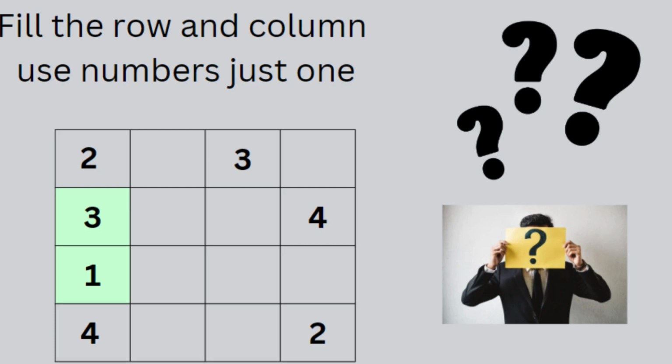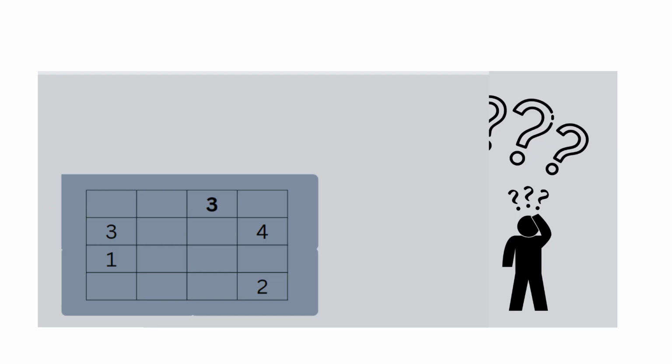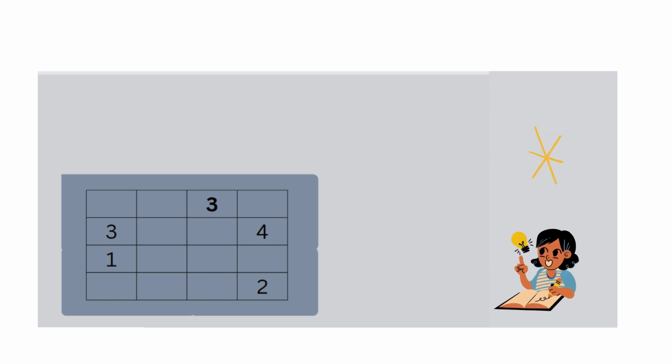So I will give you time to figure out what numbers are going to be placed there, and then I will show you the answers and explain it for you. I hope you think for yourself and find an answer.